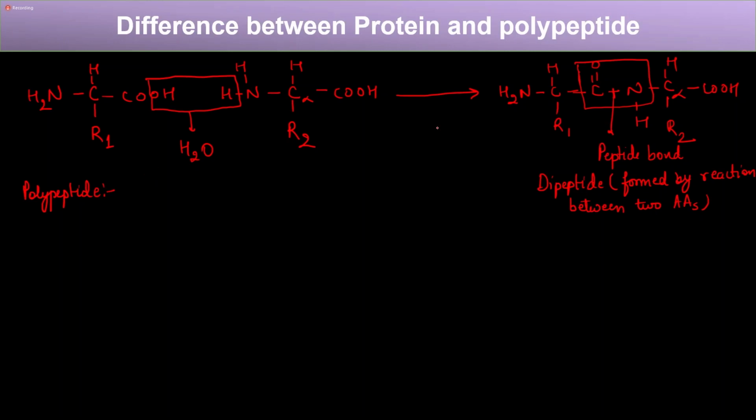This chain is linear, so we can write that polypeptide is a linear chain of amino acids that is formed by joining multiple amino acids via peptide bonds.